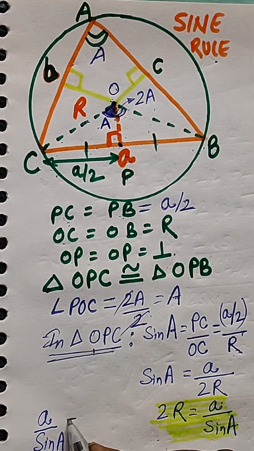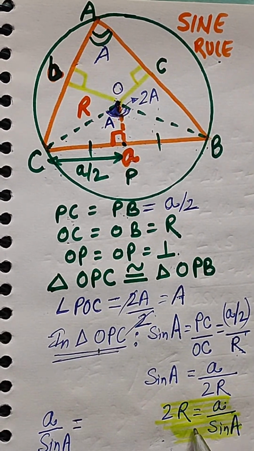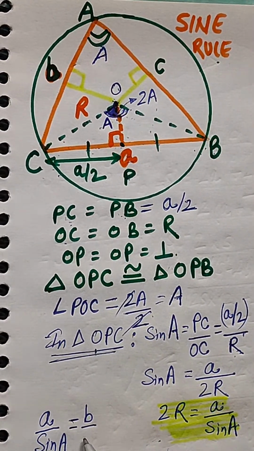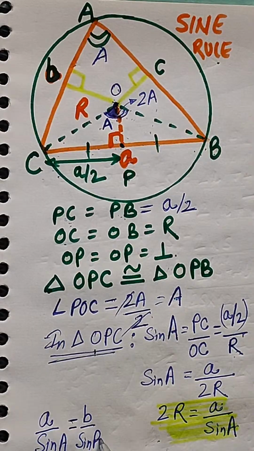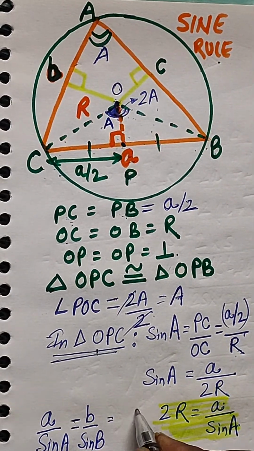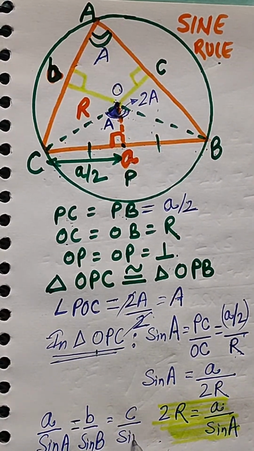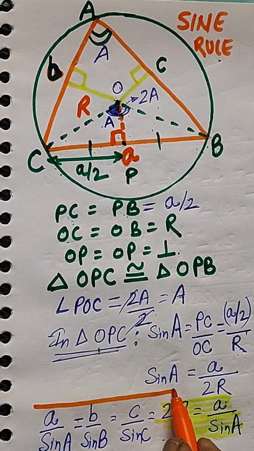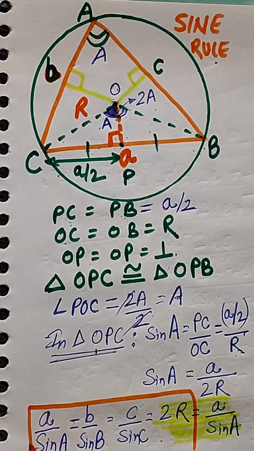Similarly, we can prove b by sine B is equal to 2R, and c by sine C is equal to 2R. This is your formula, my dear friend. This is the sine rule.